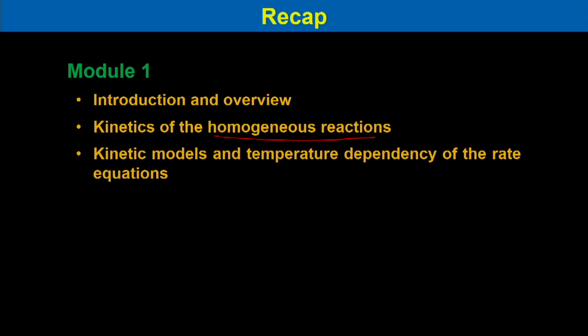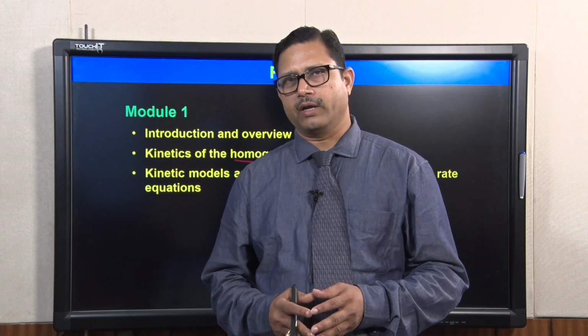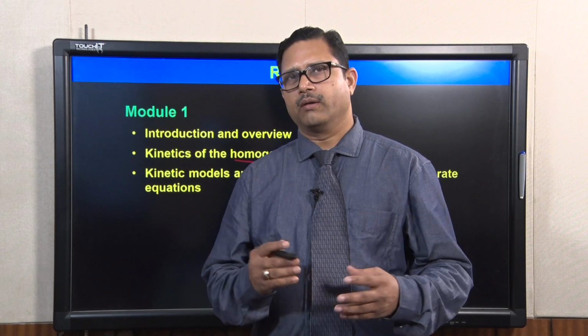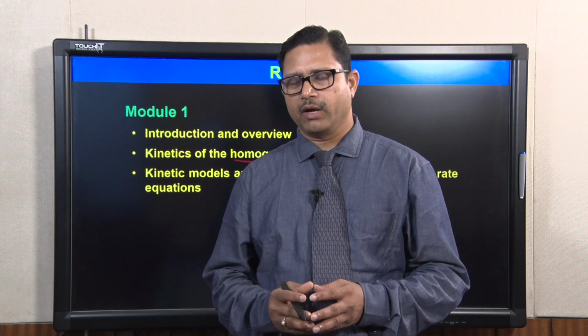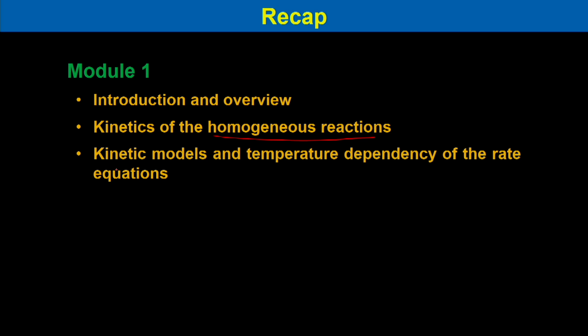Then we considered kinetic models, that means rate equations, and how to obtain rate equations from the different kinetic models, and how to test the models which we develop based on some particular mechanism that we discussed in the last lecture. We also considered the temperature dependency of the rate equations.